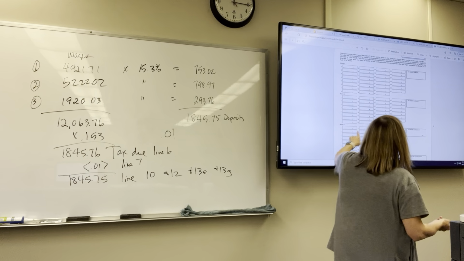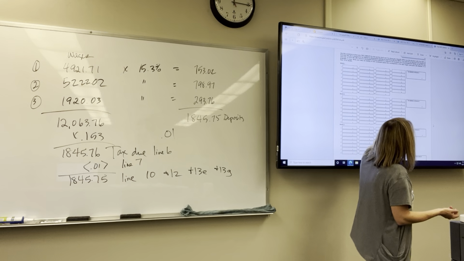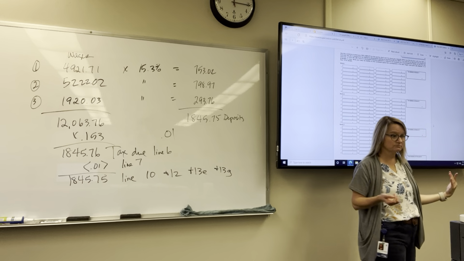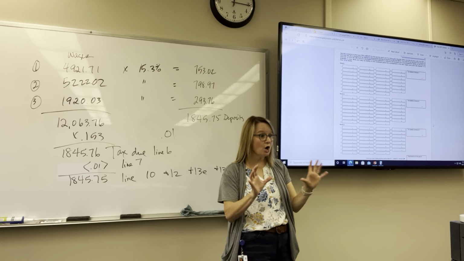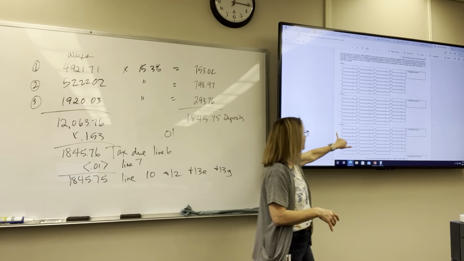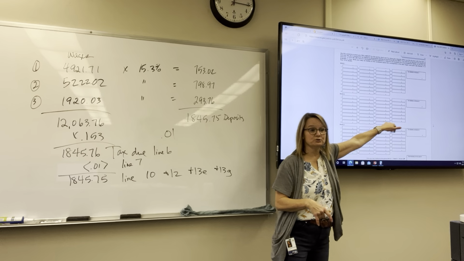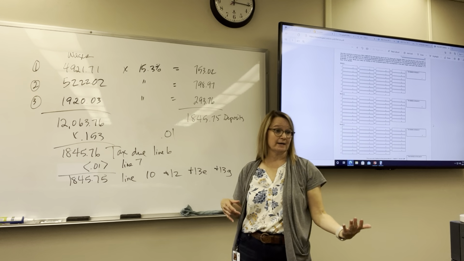Okay? So you'd have amounts on the 15th, and if this were February, the 28th. This tells the IRS when the amount was due. They know when the deposit was made. They'll match it up with when it was due to determine whether or not you paid it in time.